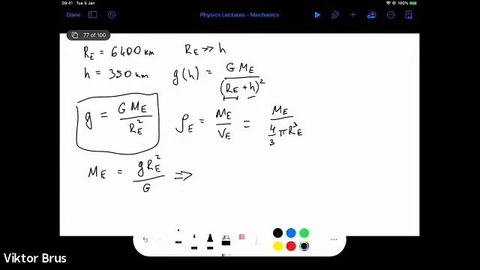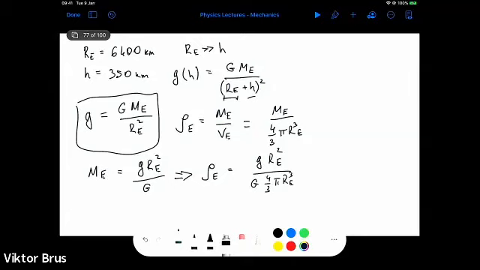And from here, the density of the Earth is g R_E squared divided by capital G times 4/3 pi R_E cubed.